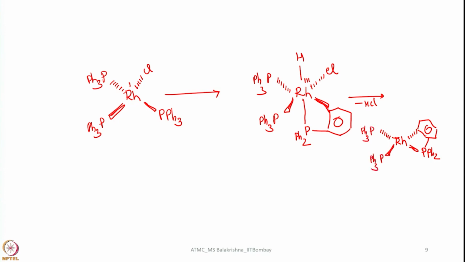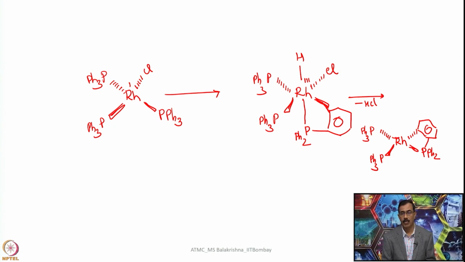So this is a typical orthometallation reaction one can see, especially with triphenyl phosphine or any bisphosphine having phenyl substituents. Due to the steric problem, if the phenyl groups come very close to the metal center, there can be CH activation that leads to oxidative addition, and that compound can also be stable.